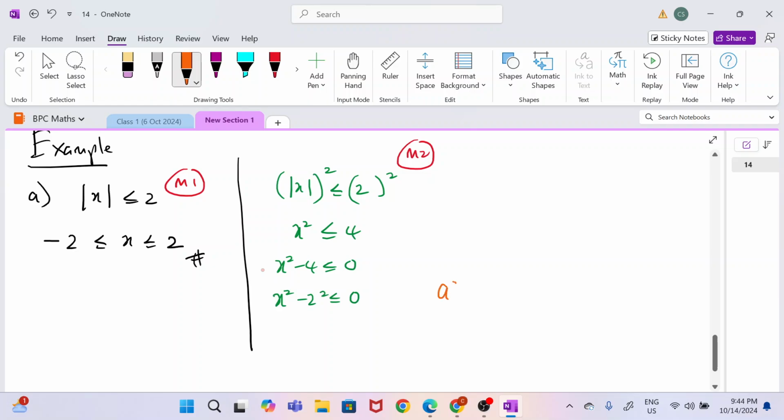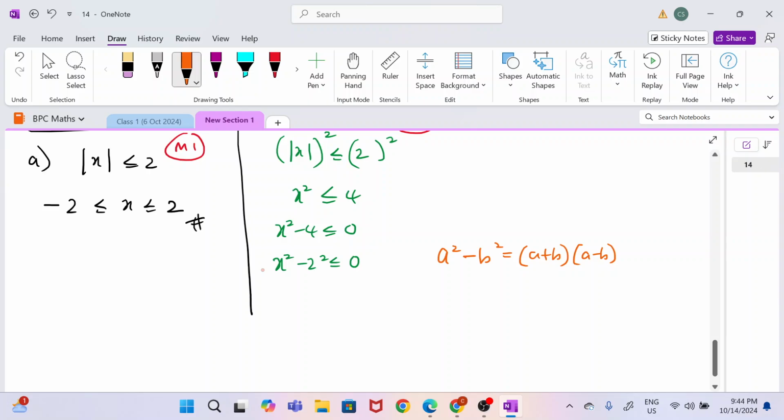I don't know whether you have seen this formula before or not. A square minus b square, we can write it as a plus b, a minus b. So I can write this in terms of factorization, x plus 2, x minus 2, like this.